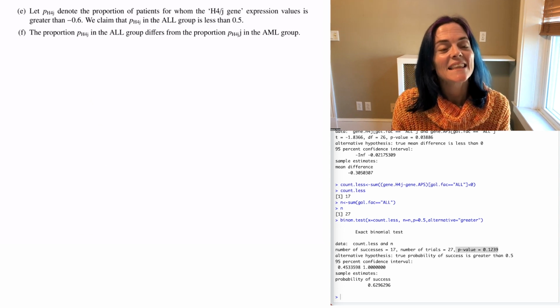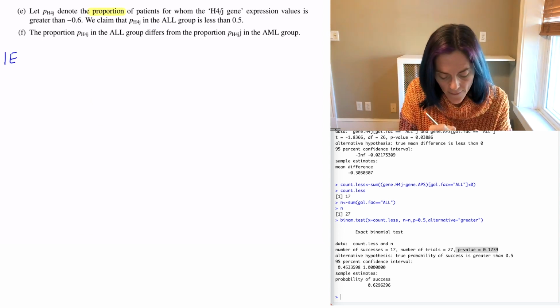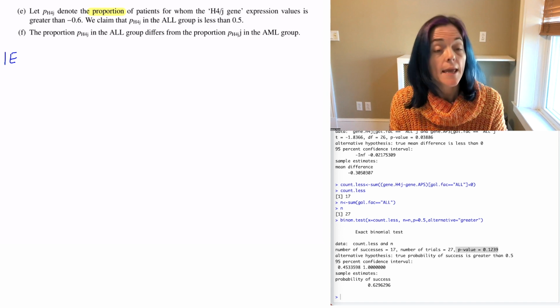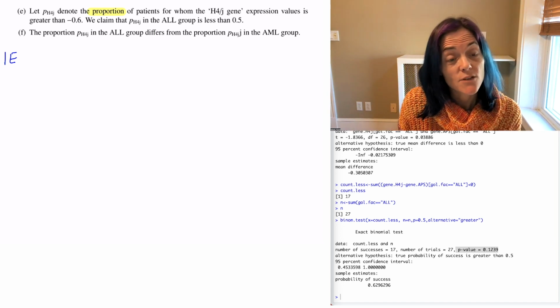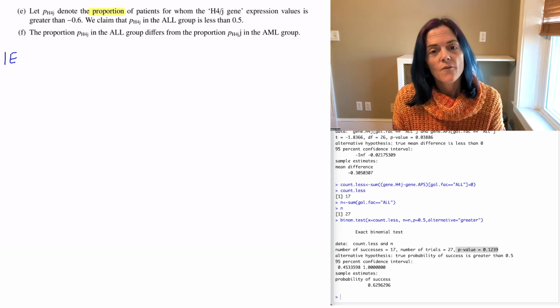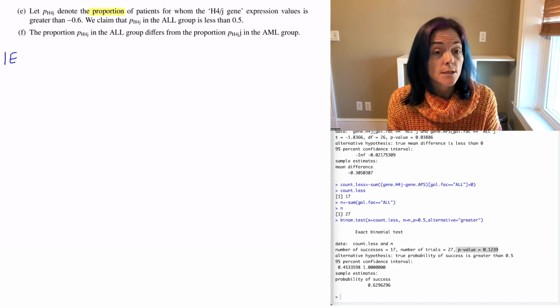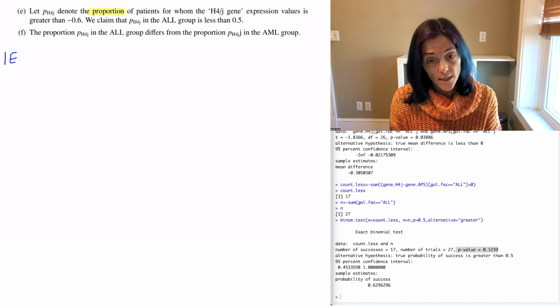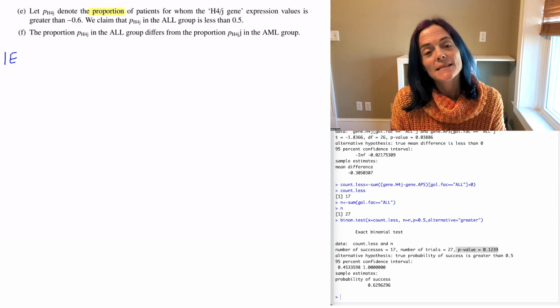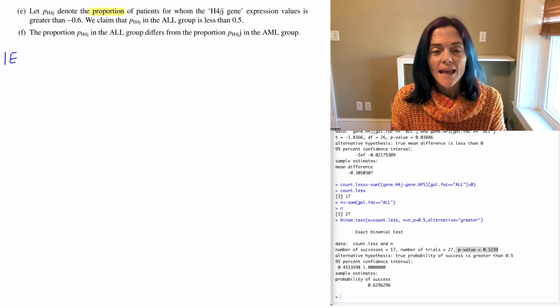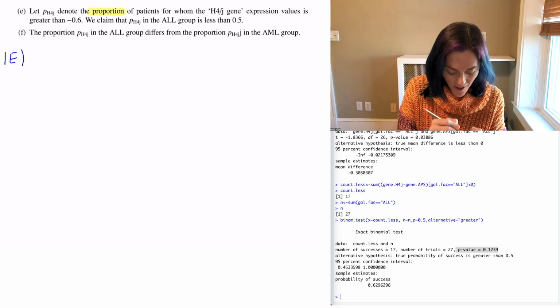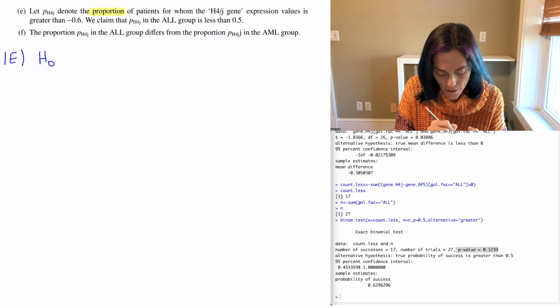All right, letter E. Once again, this is a proportion claim. P sub H4J is the proportion of patients for whom H4J gene expression values is greater than minus 0.6. And then the claim is that this proportion in the ALL group is less than a half. All right, well, we have a null hypothesis, we have an alternative hypothesis.